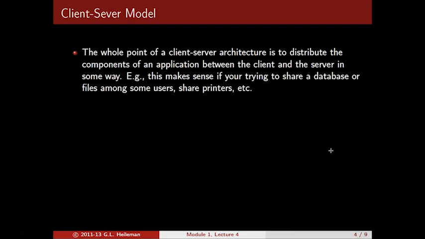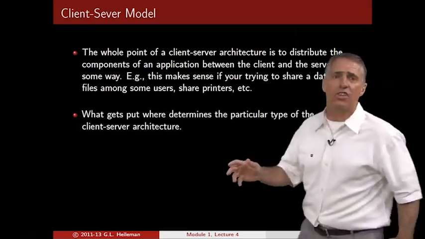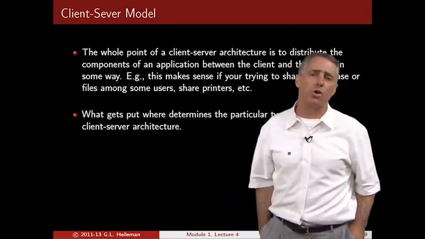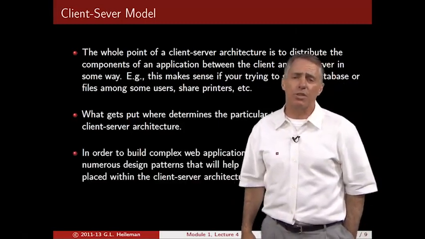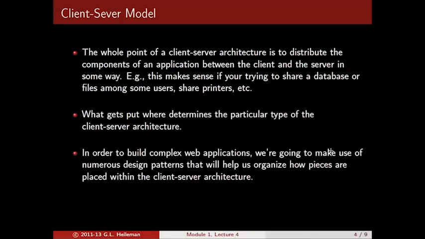So by distributing these things intelligently, it allows many people to use some number of printers. Now, what gets put where within this setup determines the type of client-server architecture that you're working with. And in order to build complex web applications, we're going to have to make use of numerous design patterns in order to figure out how to place things within this client-server architecture.